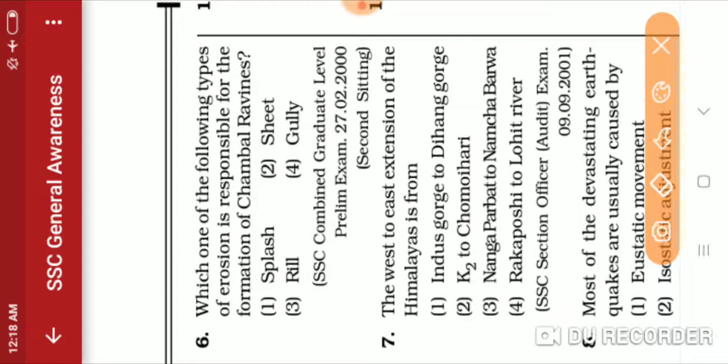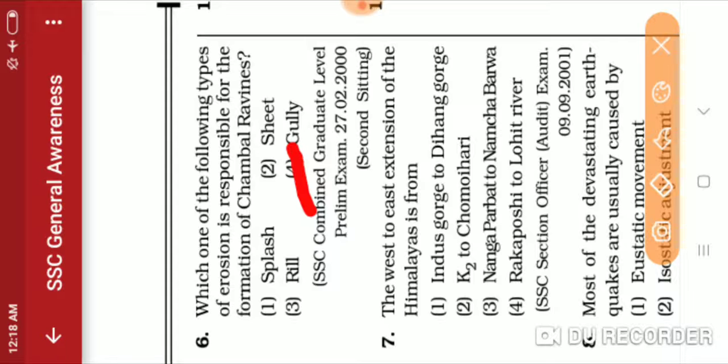Chambal is a perennial river. In the monsoon climate, gully erosion occurs, due to which the big Chambal Valley came about. Due to gully erosion, the Colorado Grand Canyon was also made, and Chambal Valley also.